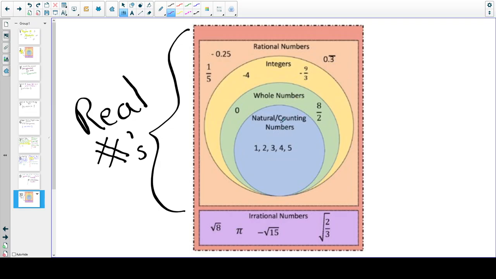If we put a 0 into the natural numbers, we get the whole numbers. Then integers are positive and negative whole numbers. And last but not least, rational numbers. And irrational numbers are numbers that are not rational.